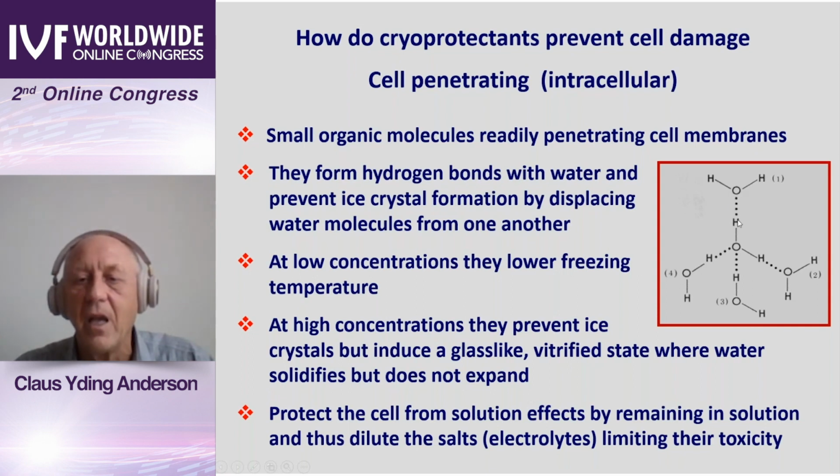They go in and then they form bonds with water, and then they actually lower the freezing point this way, but they can also prevent ice crystal formation if you have them in very high concentration, and then induce a glass-like vitrified state of water where it does not expand in volume. And this is vitrification. But this is when the organic molecules go in and separate the water molecules.